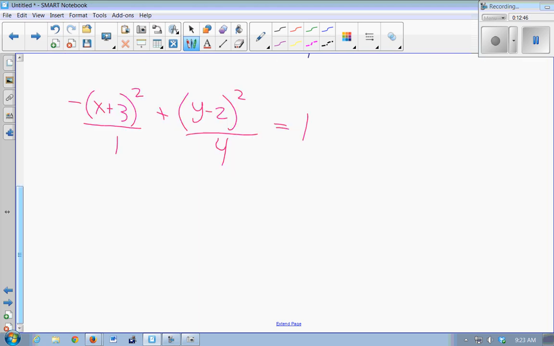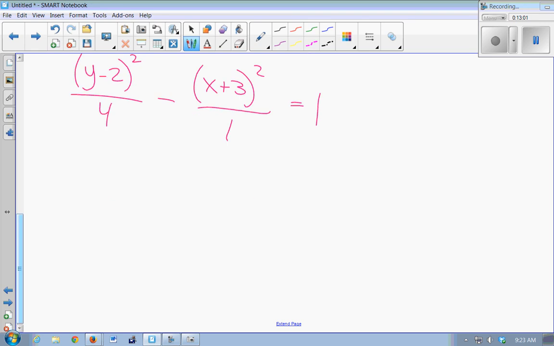Then I'm going to change the order of those so that it actually looks like a subtraction: (y minus 2) squared over 4 minus (x plus 3) squared over 1 equals 1.